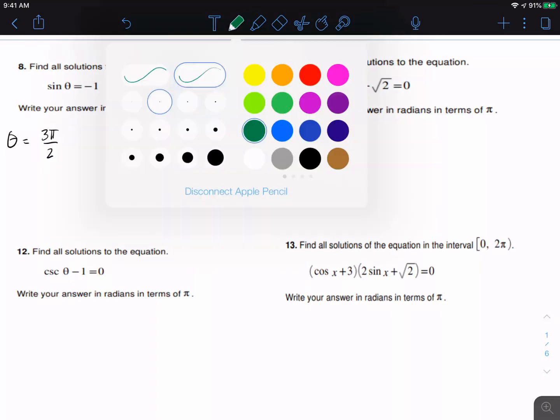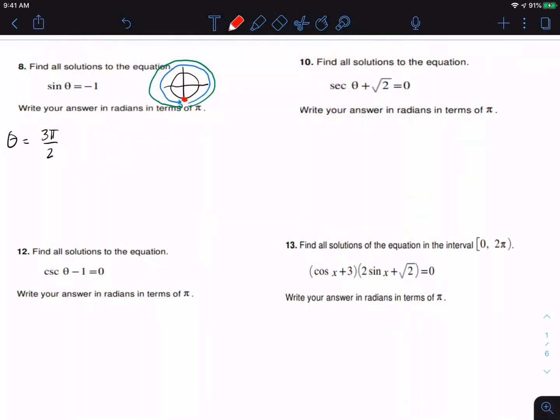So when I write my answer for this, I'm actually going to be able to go plus 2 pi times some k integer, where k is a positive or negative integer. Being an integer can be positive or negative, because I can also go a negative 2 pi going the other way, right? Because I can go counterclockwise and clockwise and still end up in the same spot.